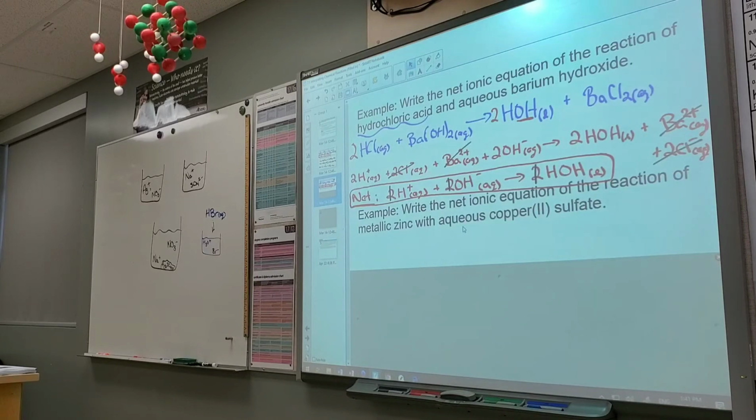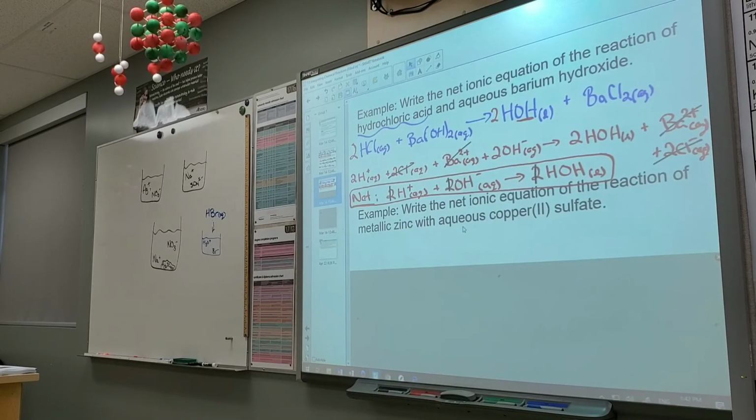Wait, is zinc an element? I'm serious. Elements don't have charge. Yes, they don't have charge. If I toss a chunk of metal, like... Does that make sense?